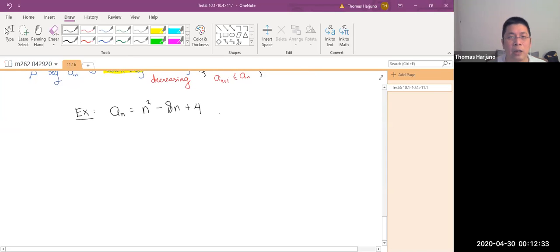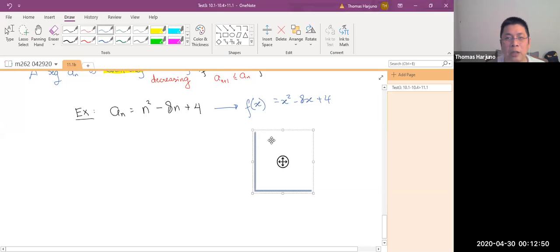Now notice that if you use your instinct, this actually is a subset of x squared minus 8x plus 4, whose graph will be something looks like this. Hold on. That will be plus 16. Maybe I make it plus 14 here. So the graph of this function is approximately something like this.